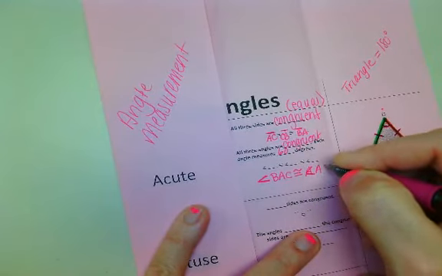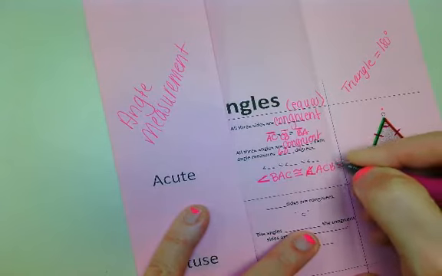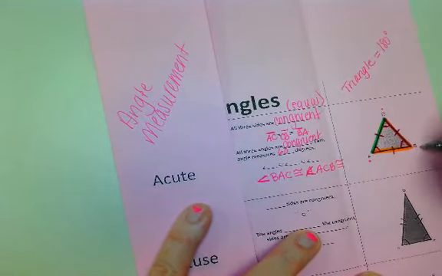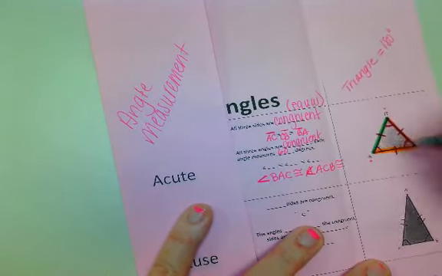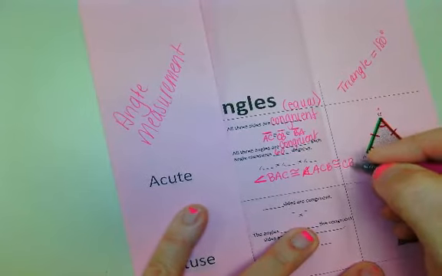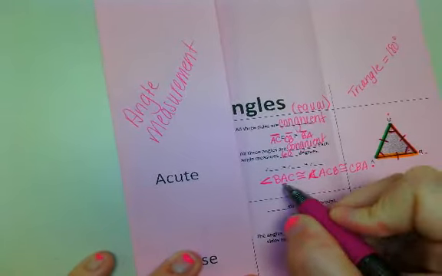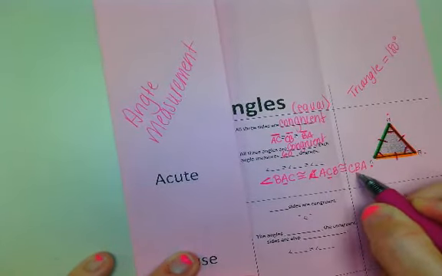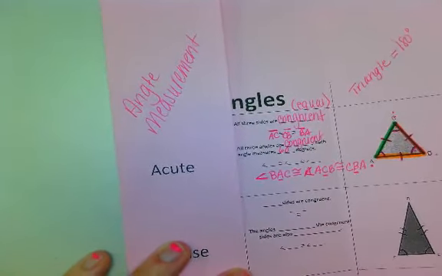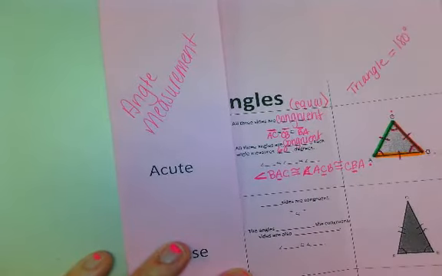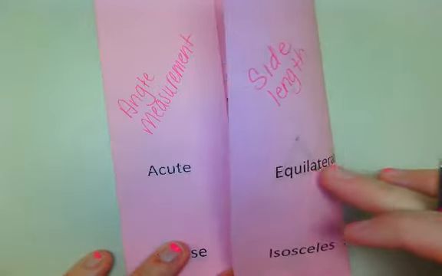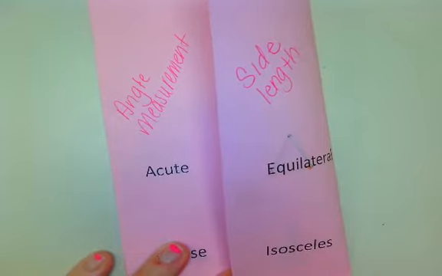Angle ACB is congruent, now let's do B, CBA, CBA. So the angle you're talking about is always in the middle. Make sure you don't forget that, okay? So these three angles are congruent to each other. And this is an equilateral triangle.